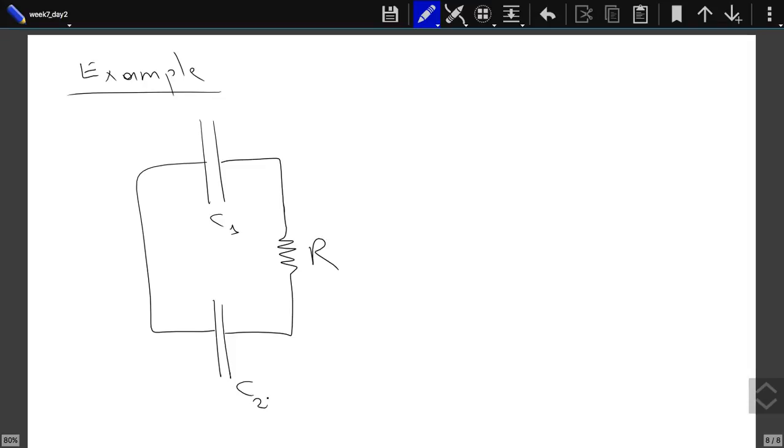So what should be the positive plate of the upper capacitor? Which one do you like? The left, right? Left. Okay, the left. So this is positive, this is negative.